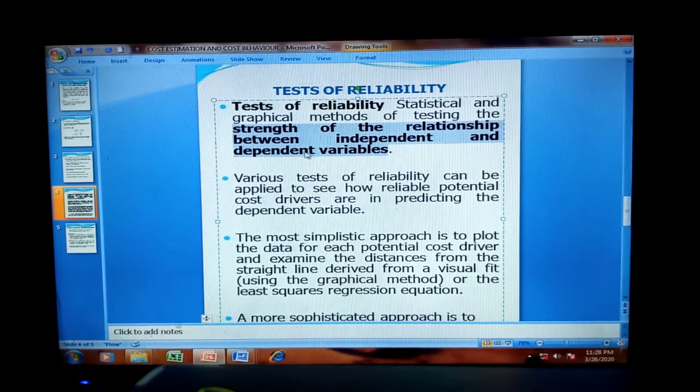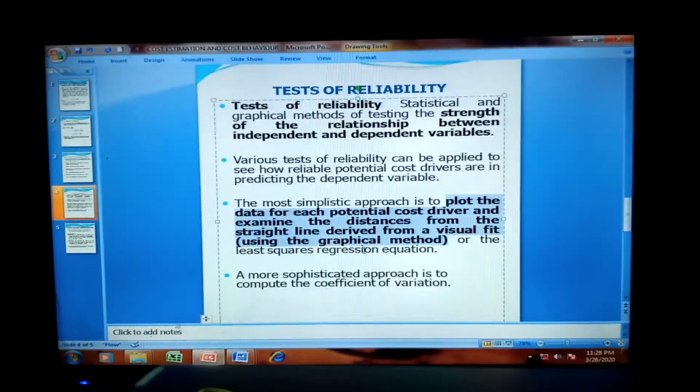Now, various techniques of reliability can be applied to see the strength. The most simplistic approach is to plot the data for each potential cost driver and examine the distances from the straight line from a visual fit, and that is always the graphical method.